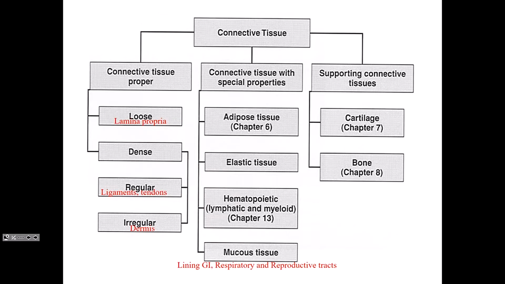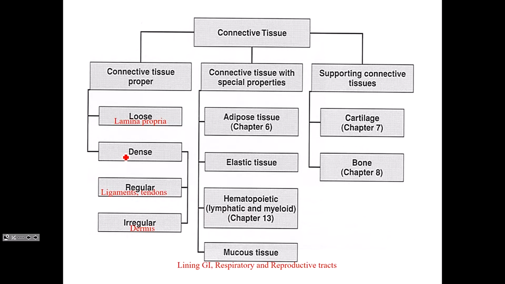Okay, so connective tissue. We can classify connective tissue in a number of different ways. This is a man-made classification. So connective tissue proper, we can have loose connective tissue. A good example of that is the lamina propria, those cells and extracellular matrix materials that underlie most epithelial sheets. So that's loose connective tissue. Or we can have dense connective tissue.